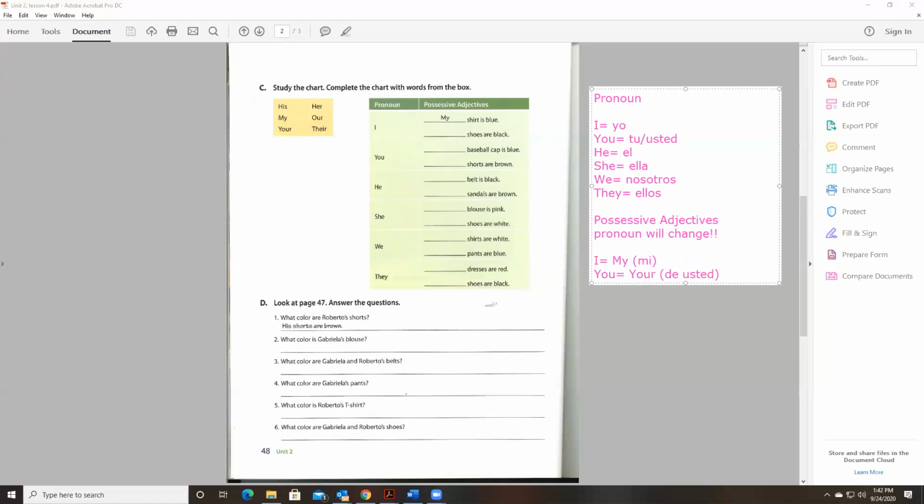Ahora ya no es usted, ahora es de usted. I'm talking about he, estoy hablando de él. Ahora estoy hablando de his o de él. Porque estamos hablando posesivo. She, ahora es her o de ella.